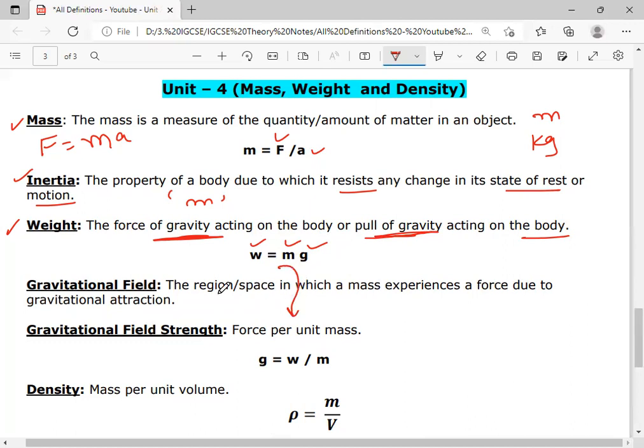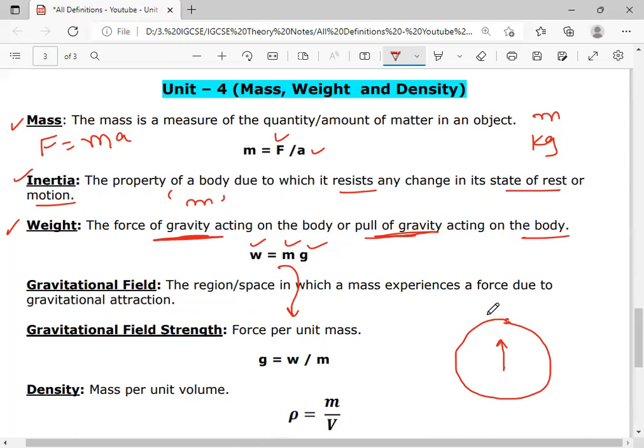Then here comes the definition of gravitational field. Let's suppose this is the earth, and when we throw any object in the air, then definitely gravity will pull back this object on the surface of the earth.